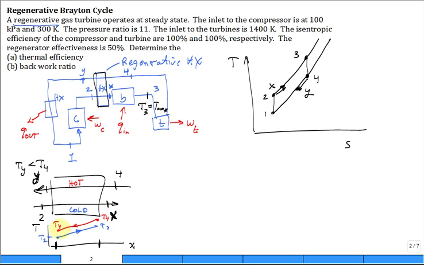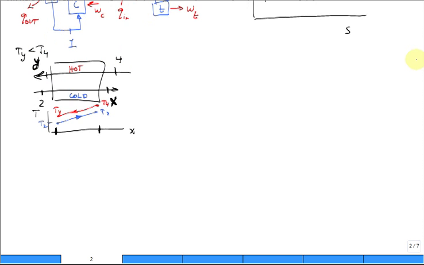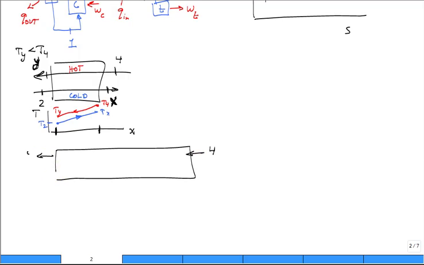Well, if you make the heat exchanger larger, it's kind of like trying to stretch out the length here. I know this is not going to be a great illustration, but if I make it longer, I'm bringing in 4 over here and taking out Y over here. I'm bringing in 2 over here and taking out X over here.